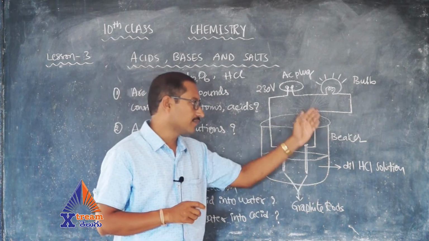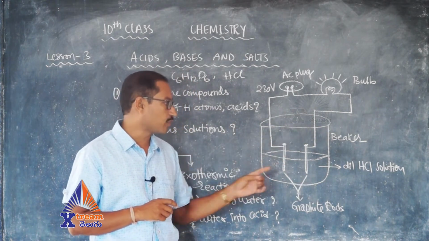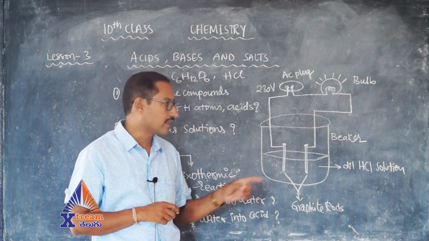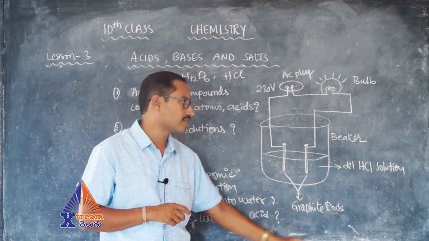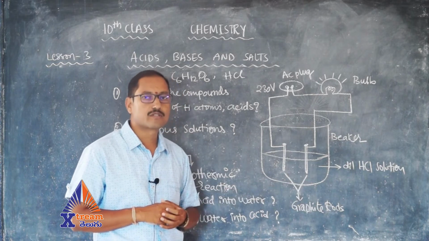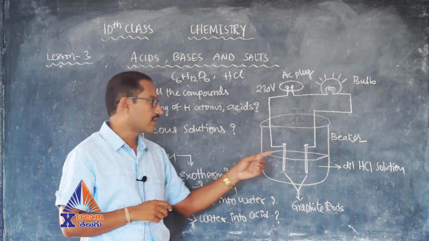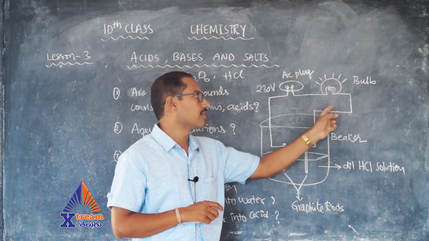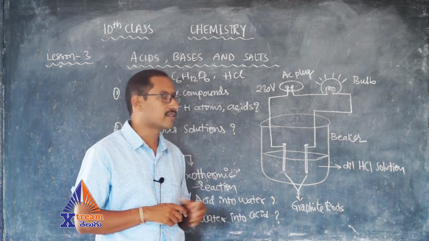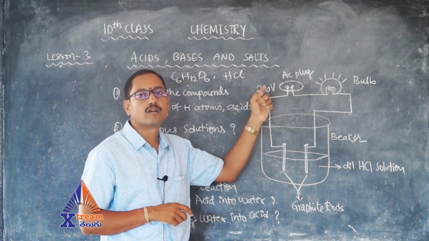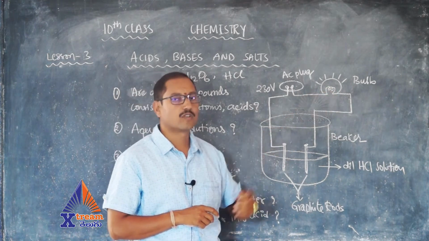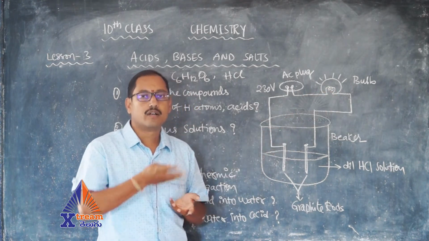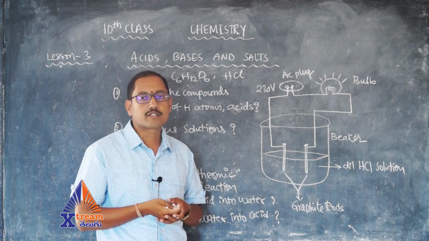Take a beaker. In this beaker, pour the solution and insert two graphite rods. These two are graphite rods. Insert them into the solution and connect these graphite rods to the external circuit consisting of an AC plug of 230 volts and a bulb which can glow if current is passing through it.